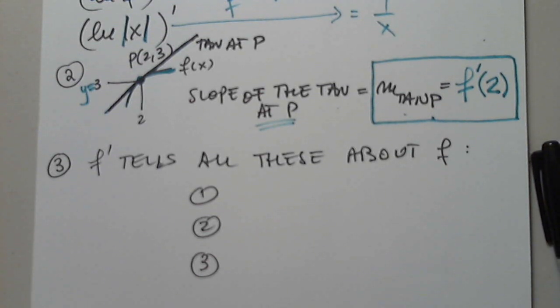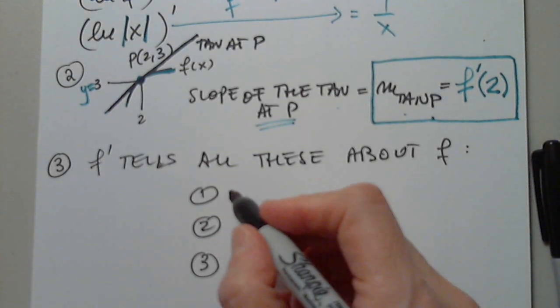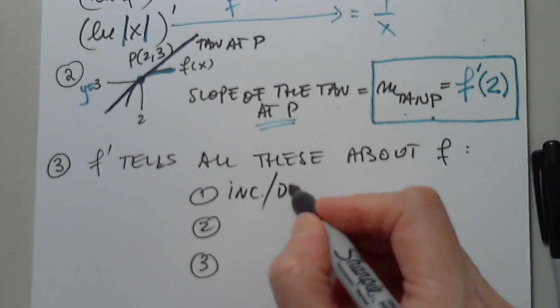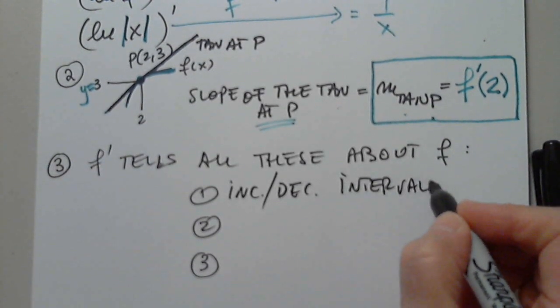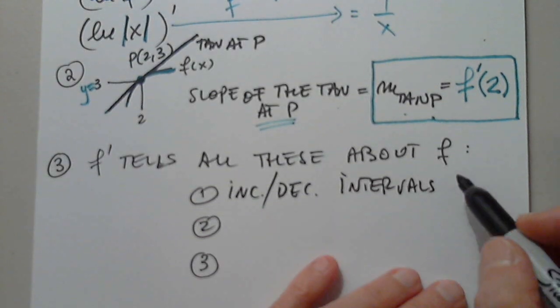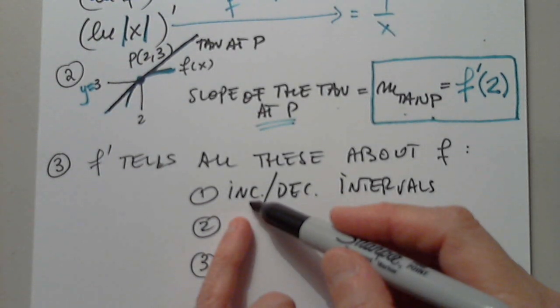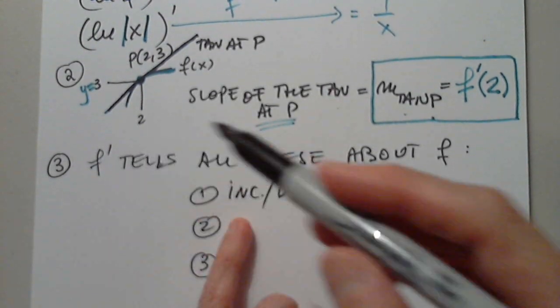How the function changes over time, okay, increases or decreases? Exactly. Increasing, decreasing intervals. Awesome. So, when is the function increasing? When the derivative does what?